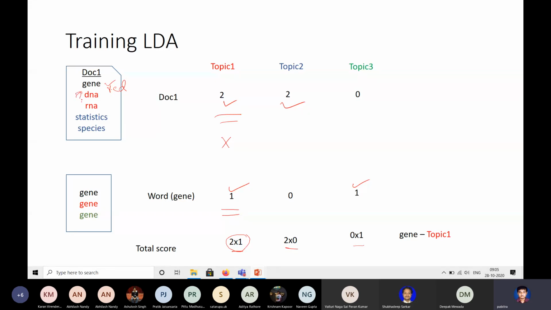I repeat the same process. I keep the color of all other words across the corpus and in this document constant, and for this word, DNA, I try to put a color. I calculate for doc 1 the proportions, and for the word DNA the proportions, multiply these two scores, and take the highest.